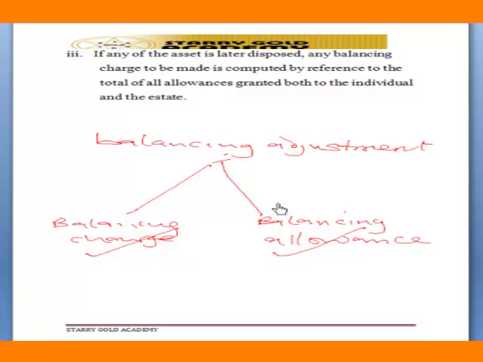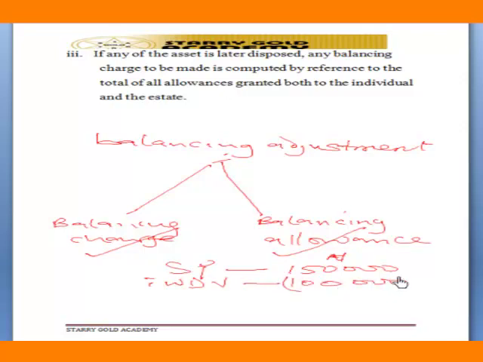Are you there? So let me give a small illustration here. The sales proceed, SP, for an asset is maybe 150,000 naira. And the TWDV as at the date of disposal is 100,000 naira.